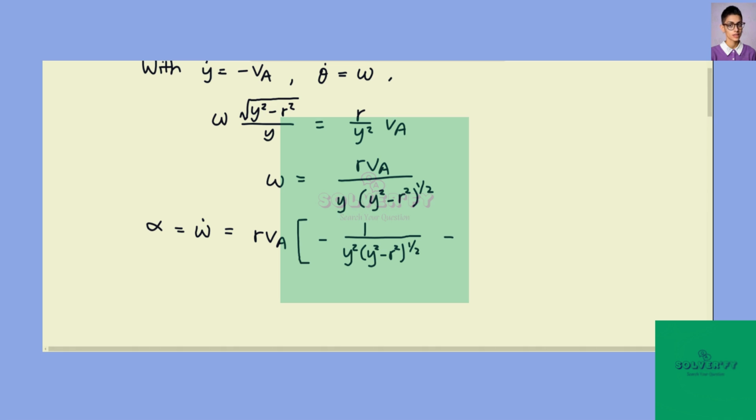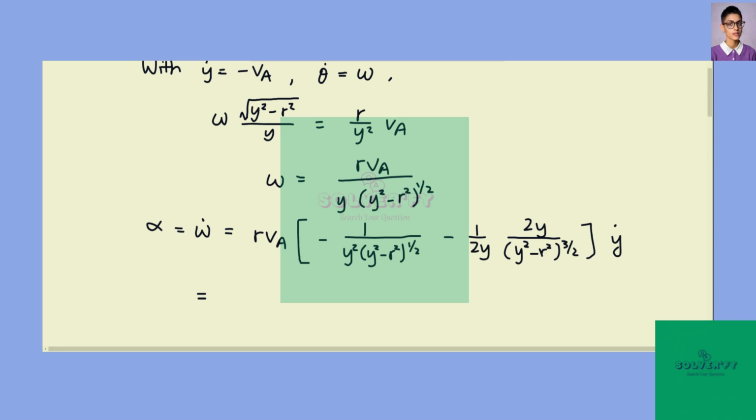Okay, so you have 1 over 2y, that's a minus half, okay, which is this power, and then you have y square minus r square to the power 3 half, and then you need to differentiate inside, which is 2y, and then after that you have a y dot. Okay, so y dot again is minus VA, but the minus sign will cancel out the minus sign inside the square bracket.